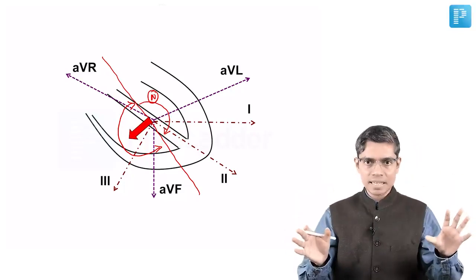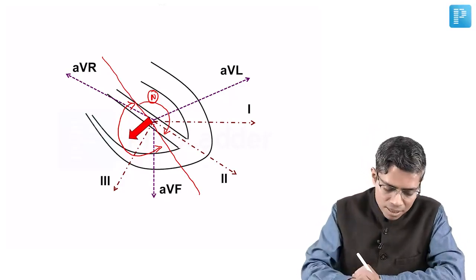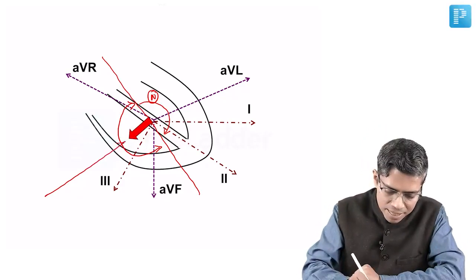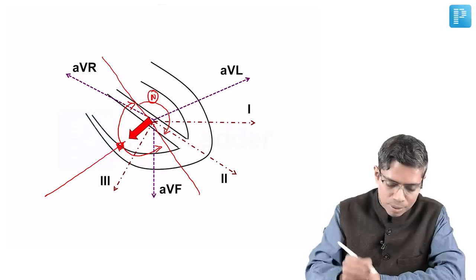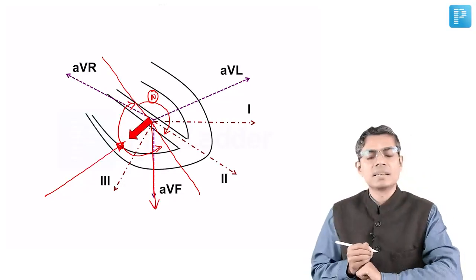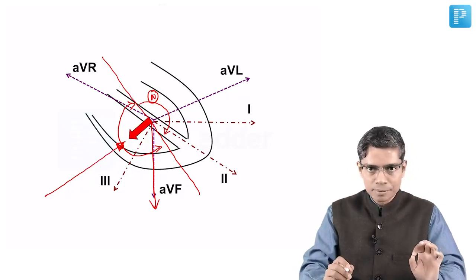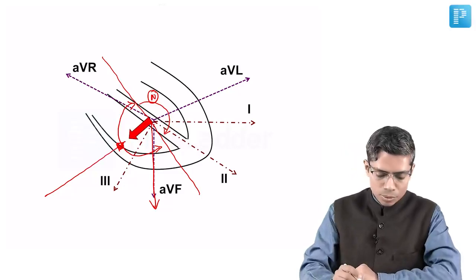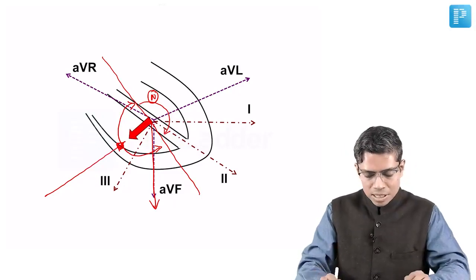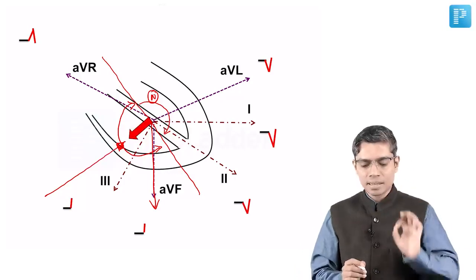That is by vectorial analysis. And if I ask you which lead will give maximum positivity, the lead which is directly facing this voltage vector will give the maximum positivity, and the leads which are facing it from the side will give a small positivity. Getting my point? So this way, this initial vector gives the generation of the red color wave in the ECG.